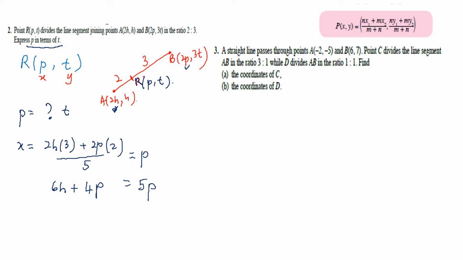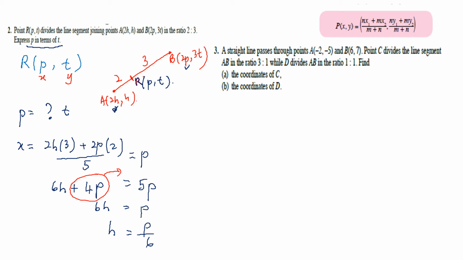I bring this positive 4P over, so you get 6H equals 5P minus 4P, which becomes 1P. So H is equal to P over 6. Since we don't want H, we will eliminate H later on.